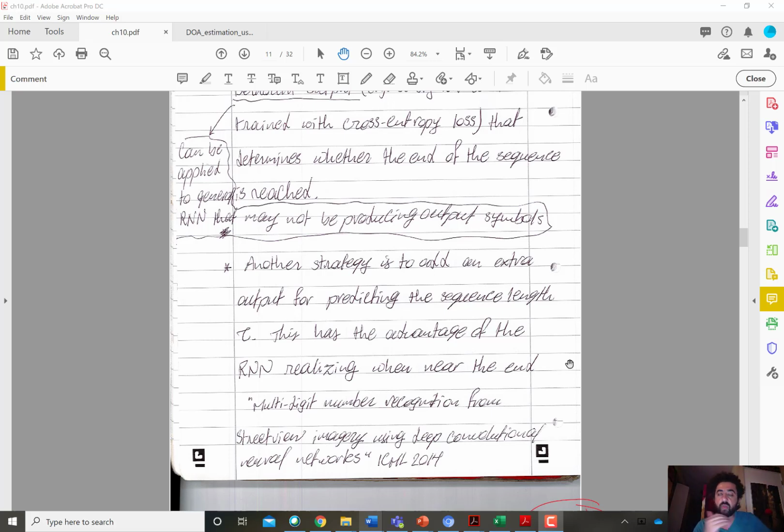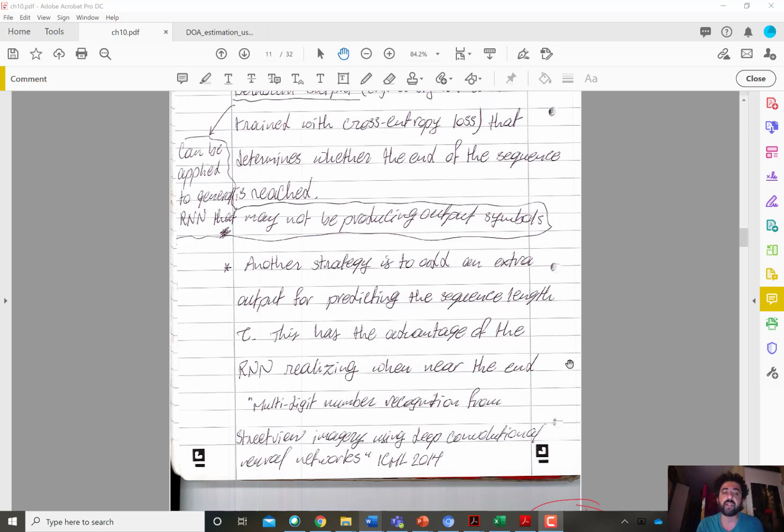So it could deploy different mechanisms, different learning during training and different inference mechanisms during testing, depending on where in the sequence we are. And that's an advantage of knowing a priori what the sequence length is, or predicting the sequence length can be advantageous.